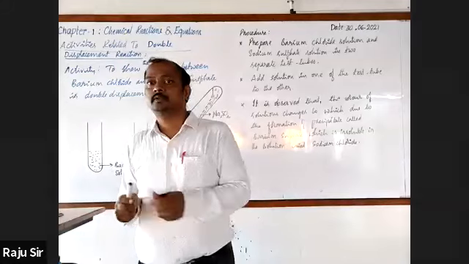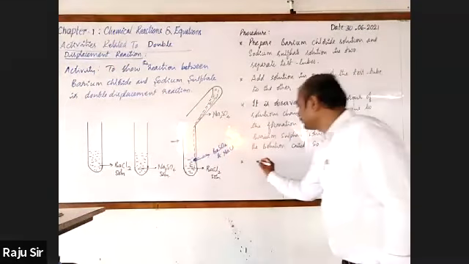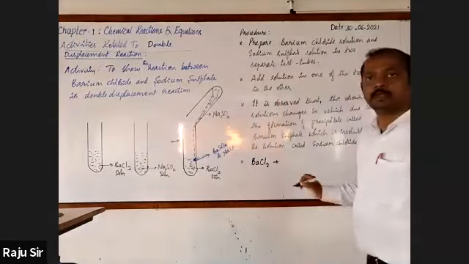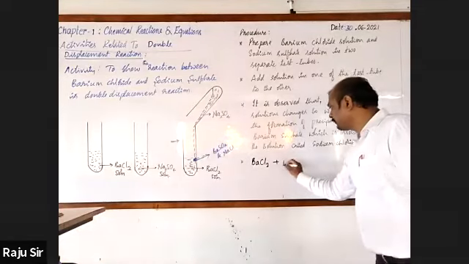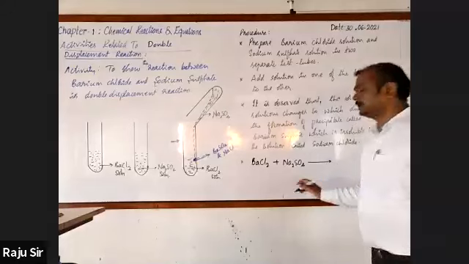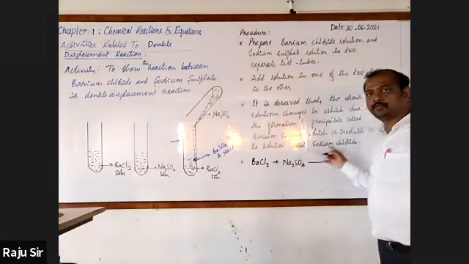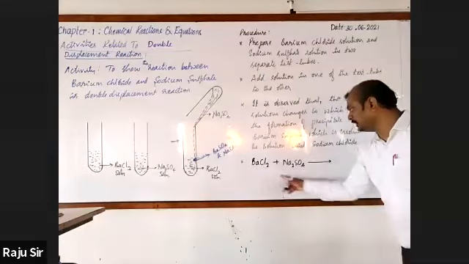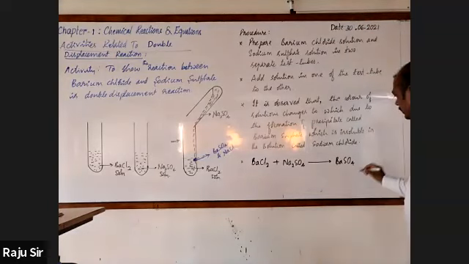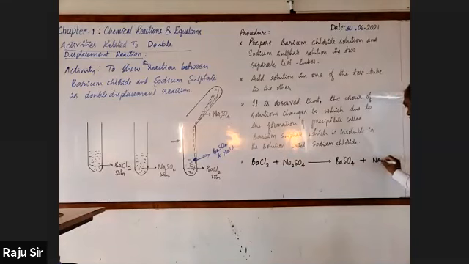Barium chloride, BaCl2, plus sodium sulfate, Na2SO4. The ions present in these two exchange mutually to form two new compounds: one is barium sulfate, BaSO4, and another one is sodium chloride, NaCl.